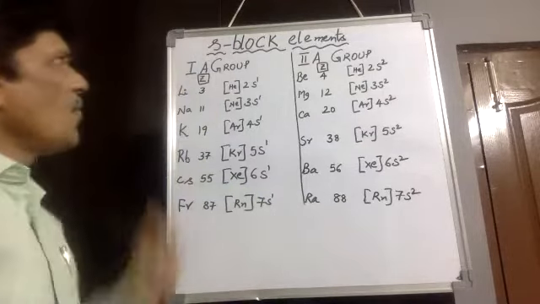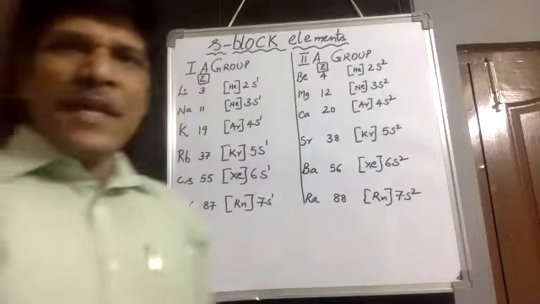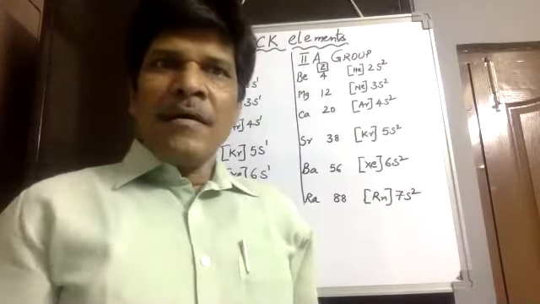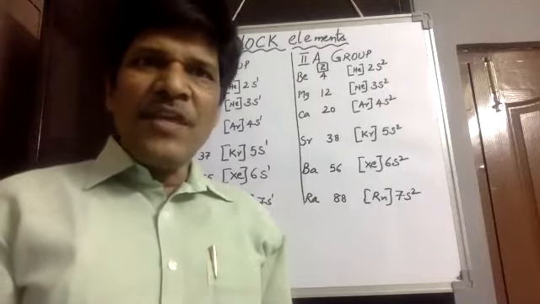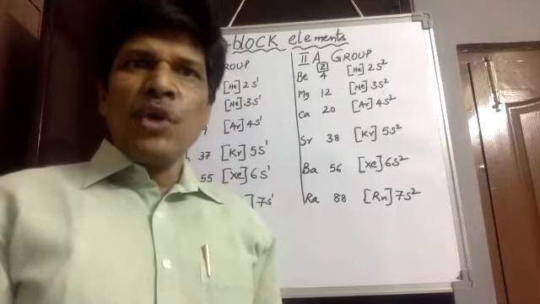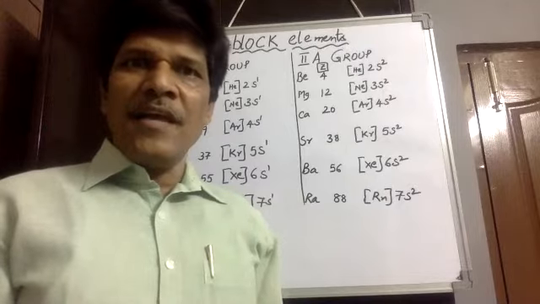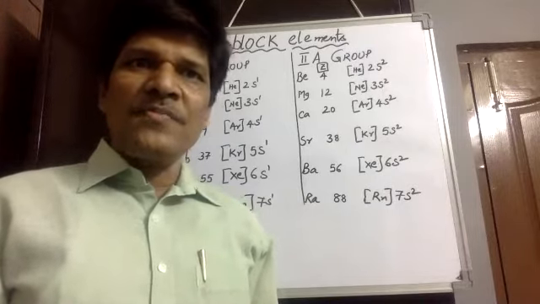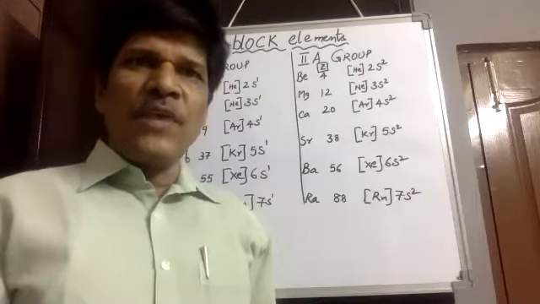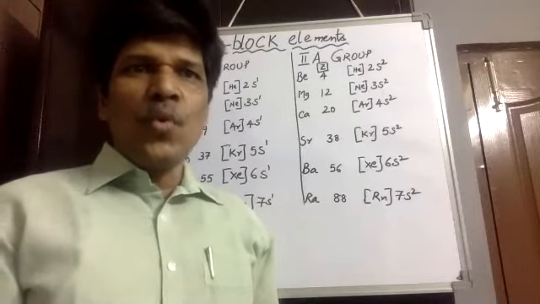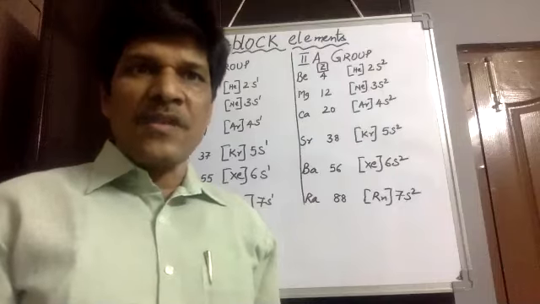Now for the occurrence of 1A group elements: lithium occurs as spodumene, that is LiAlSi2O6, and petalite, LiAlSi4O10. Those two ores occur in the Earth's crust.